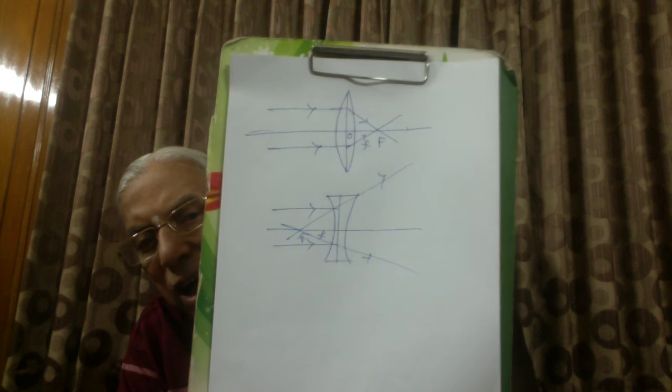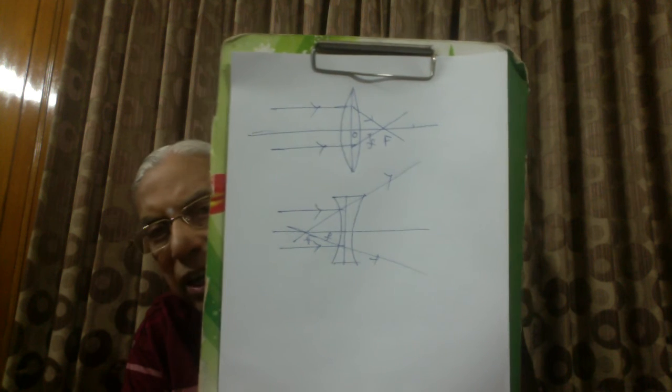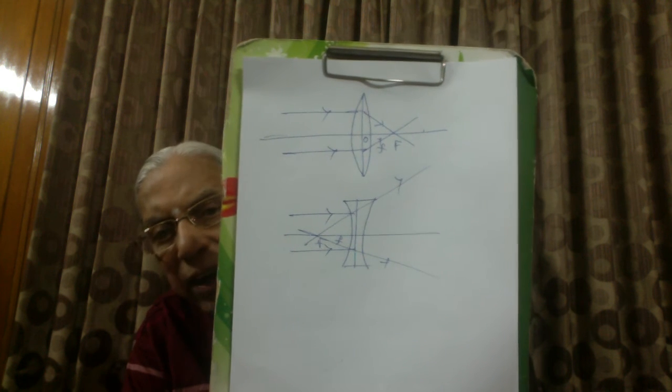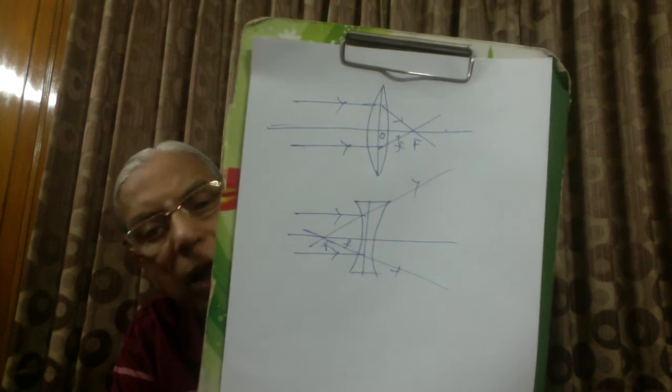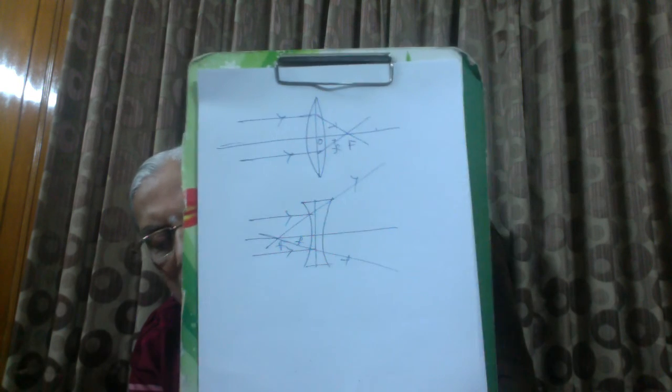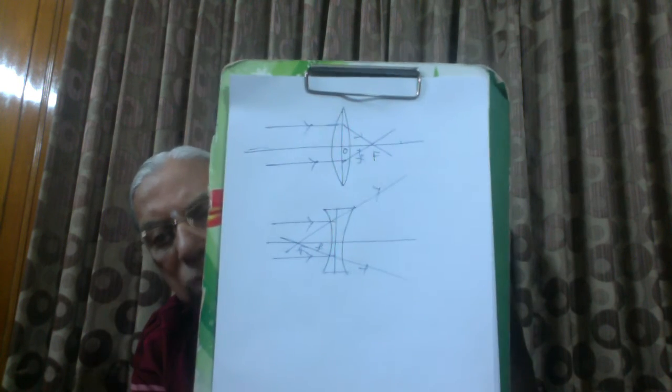F lies always on the other side of the lens in the case of a convex lens, and here F lies on the same side of the lens. But because it has got two curvatures, C and F are present on both sides of the lens.